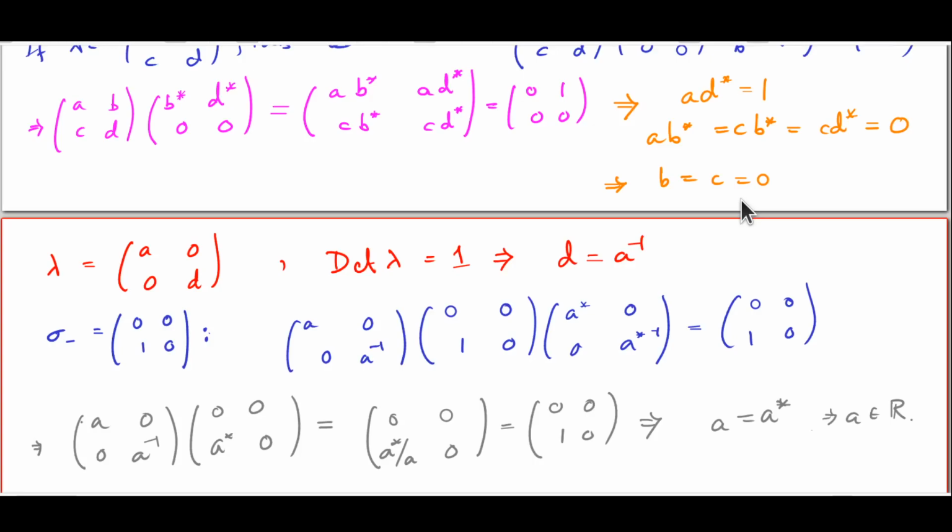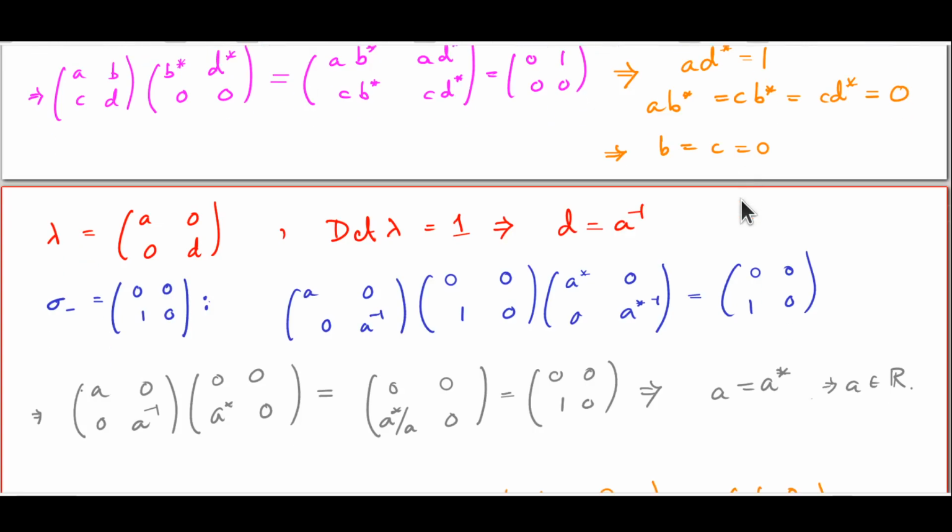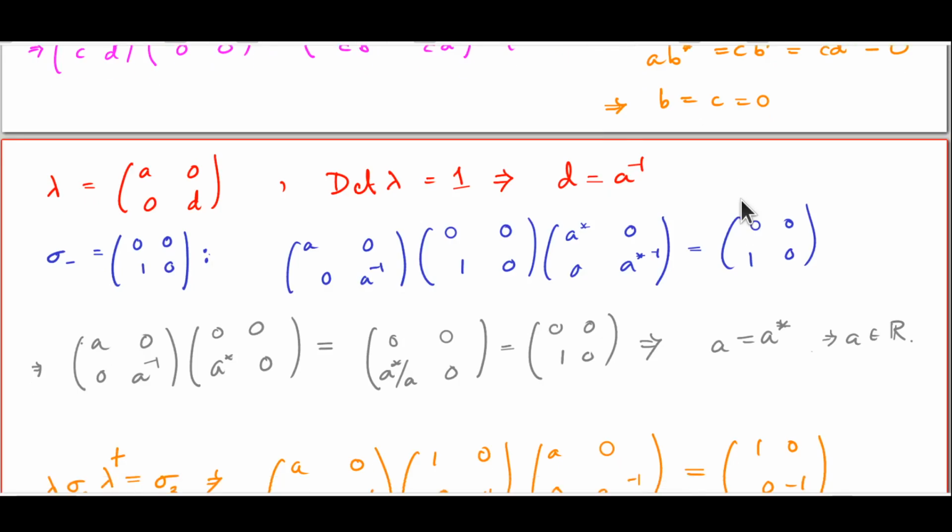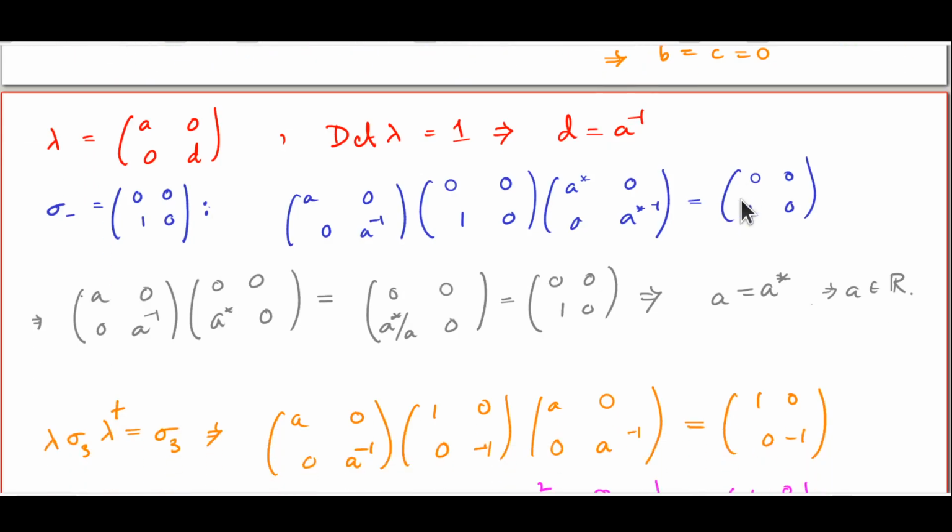So using the fact that λσ₊λ† equals σ₊, we have shown that the matrix has to be of the form (A, 0, 0, 1/A). And using λσ₋λ† equal to σ₋ after that, we have shown that this quantity A has to be a real parameter. We are still not done because we need to show that the same thing works for all the other sigma matrices involved.